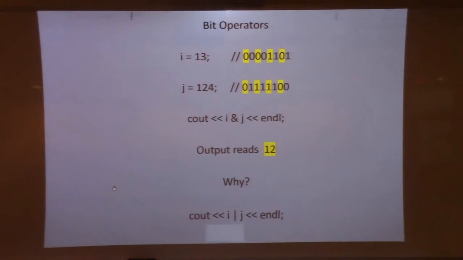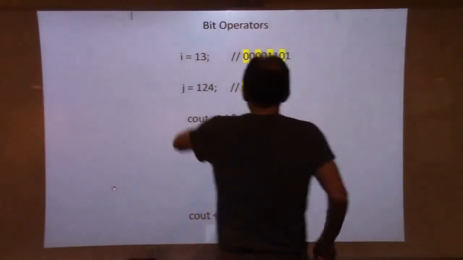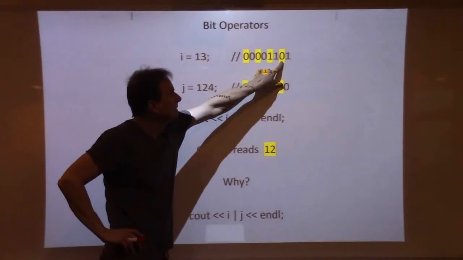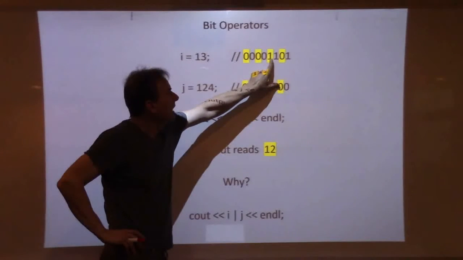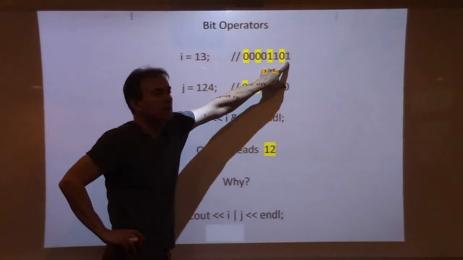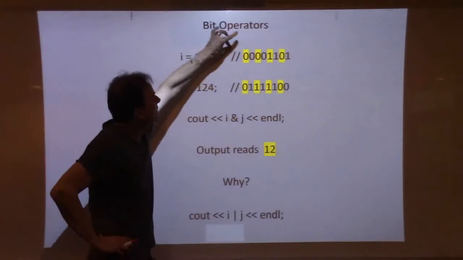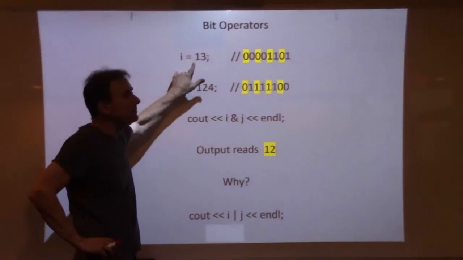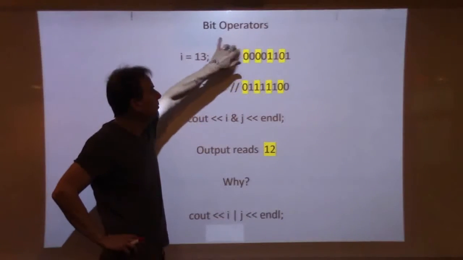But when we have a number like 13, the last 8 bits are 1, 4, 8. 4 plus 8 plus 1 is 13, and all the other higher values are all zeros. So 13 is stored in memory like this, with some more zeros in the front.